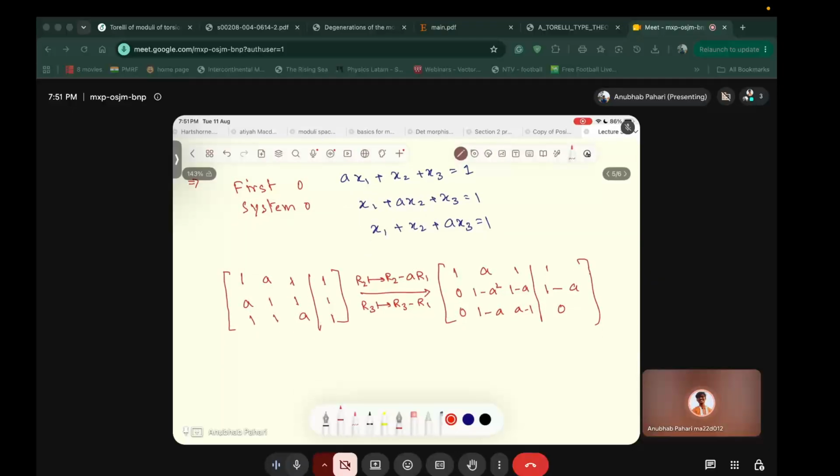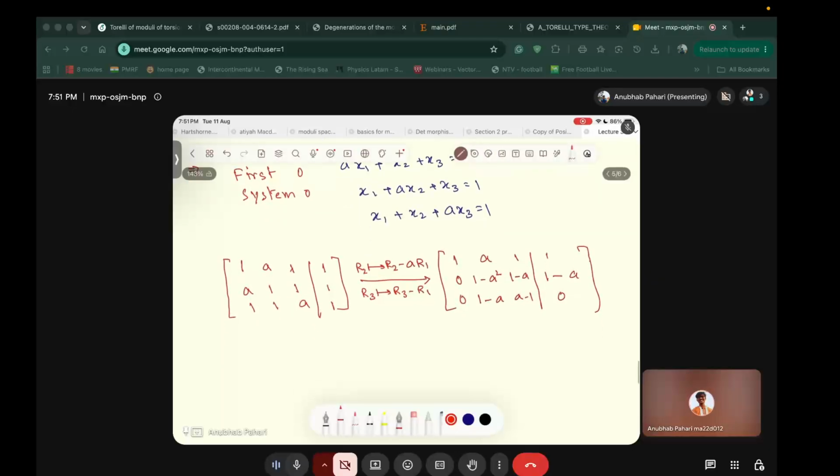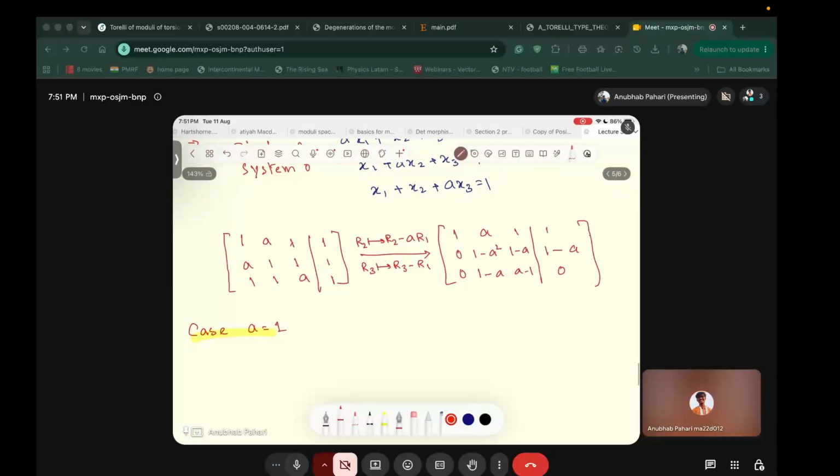Again there are many cases to follow. So the first case is a equals 1. What happens is that when a equals 1, you see that the last row becomes 0 0 0, so obviously the equation is consistent, and the second row also becomes 0 0 0 0.